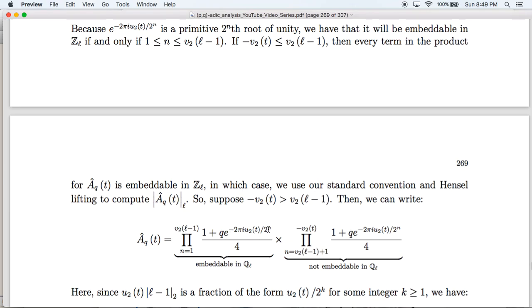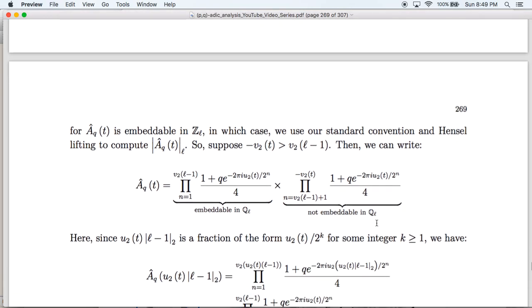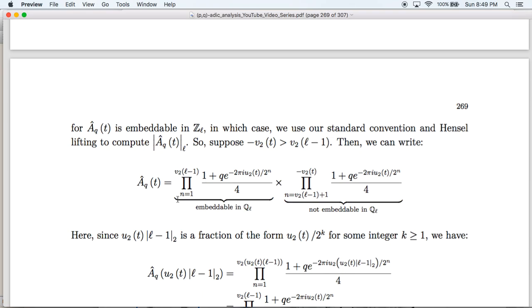Since this is a 2 to the nth power root of unity, if we let n go from 1 to v2 of L minus 1, this is then going to be taking the product over all of the terms that are embeddable in Q_L. And for here, where n is bigger than v2 of L minus 1, this is not going to be embeddable in Q_L. We can rewrite this by using a trick.